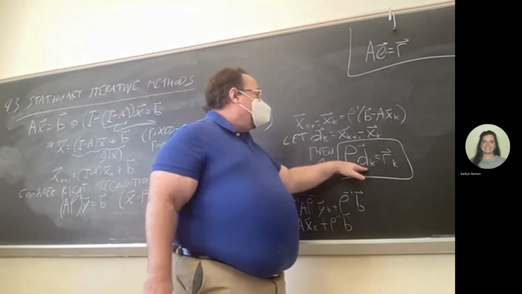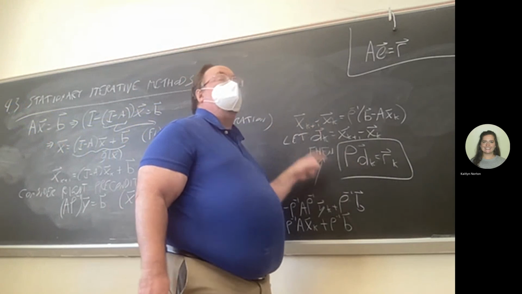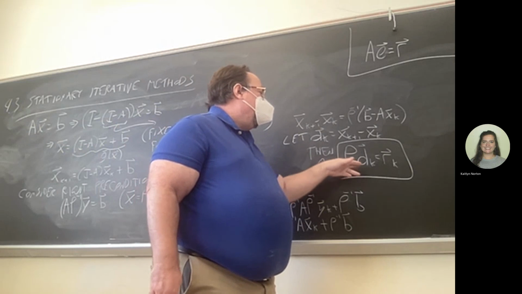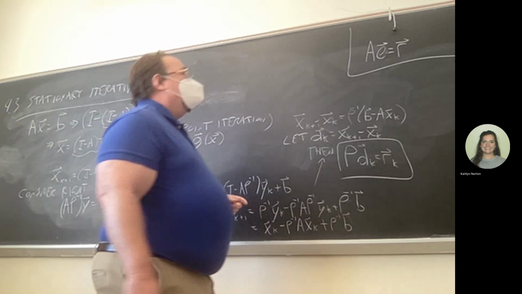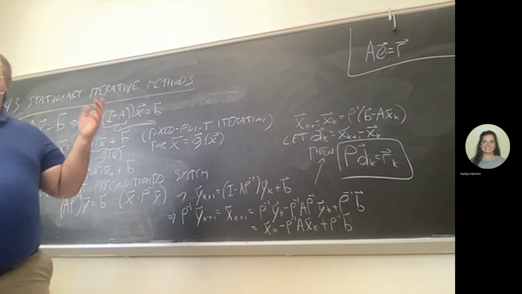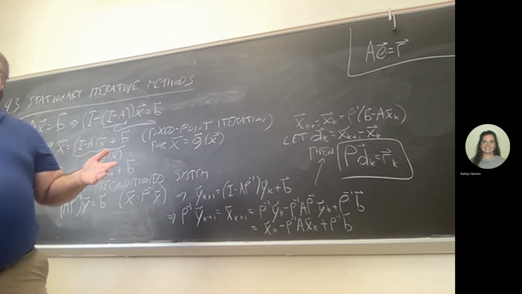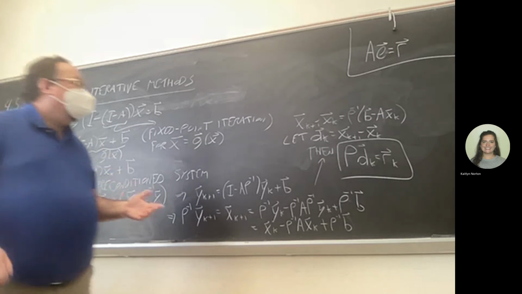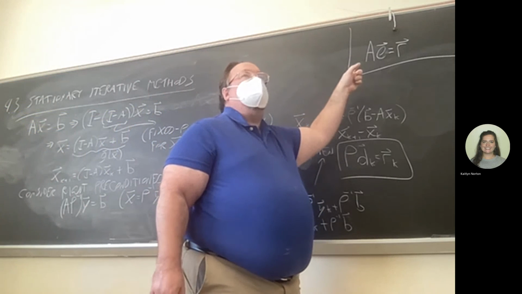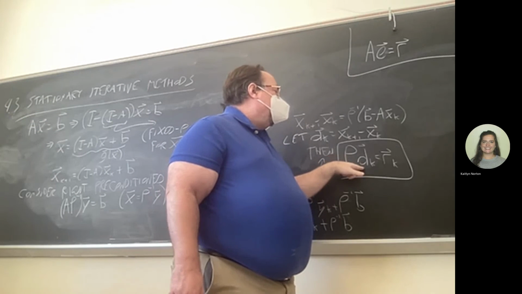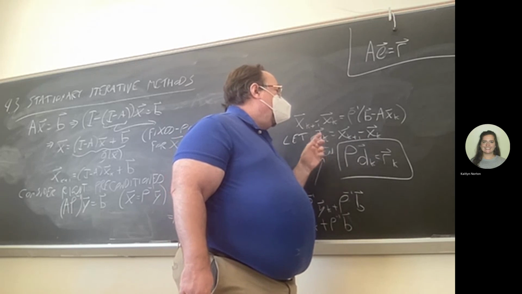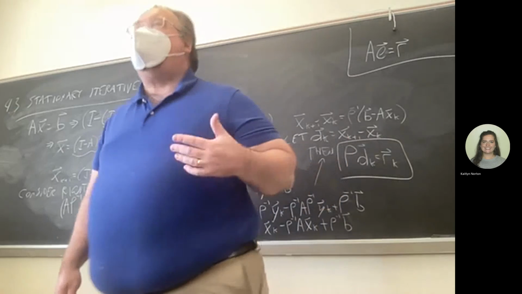Because this is supposed to go to 0 because the x's are supposed to converge. So we again have a situation of matrix times error is residual. But in both cases, we're trying to solve the same system. We want to solve Ax equals b. So since this is how the residual and error actually relate, but here's how they approximately relate, this gives us an idea as to what kind of P we should choose.